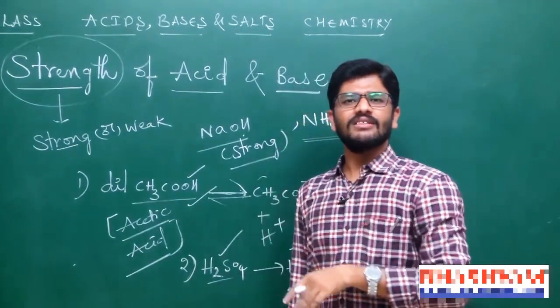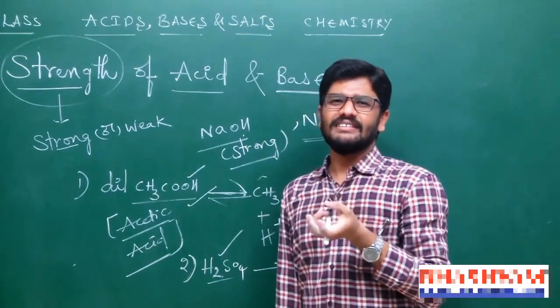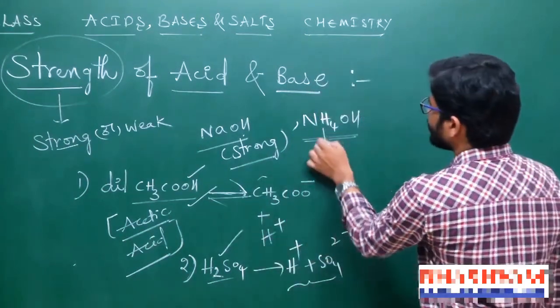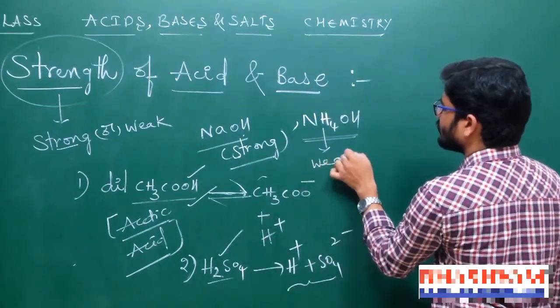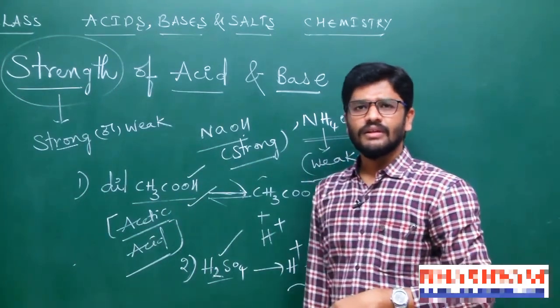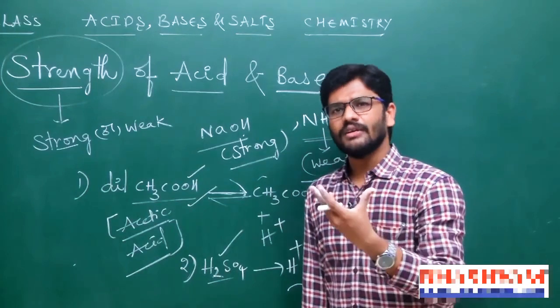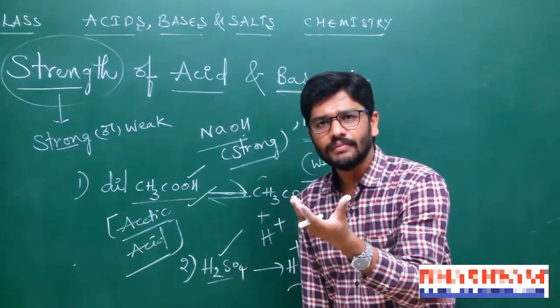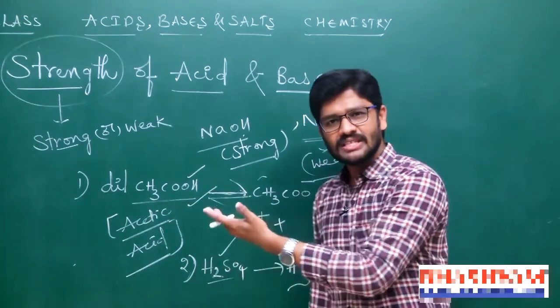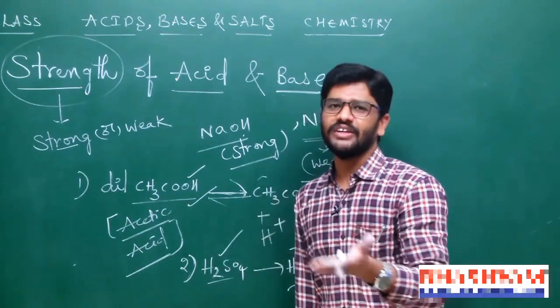In this case, the bulb will glow very dim. So we consider it a weak base. So based on the glowing of the bulb, we can say whether the substance is strong or weak.